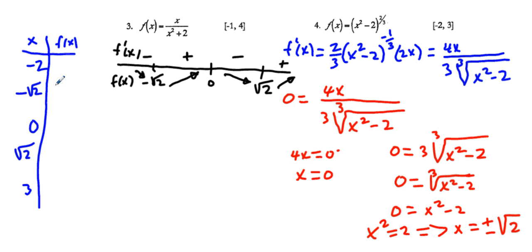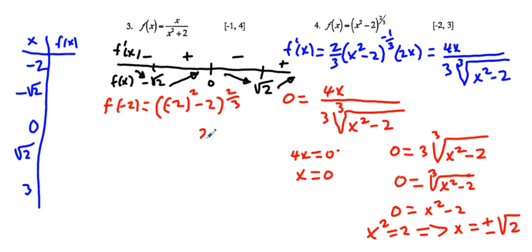Now, every one of these things is a candidate. So first of all, we plug in negative 2. We're going to say f of negative 2 is going to be equal to negative 2 squared minus 2 to the 2/3 power. Well, negative 2 squared is 4 minus 2.